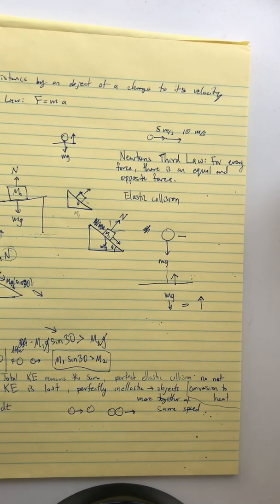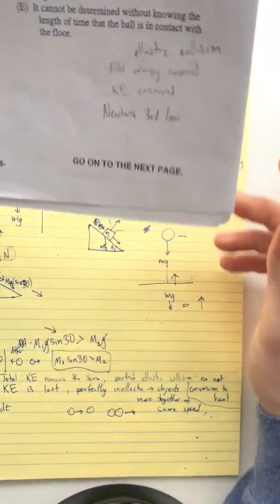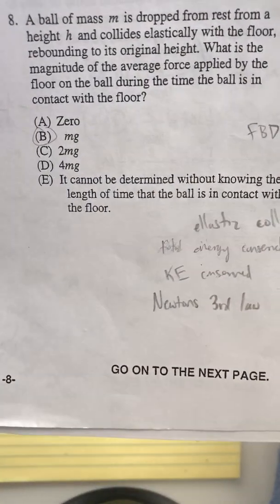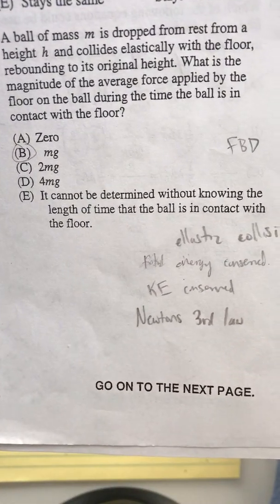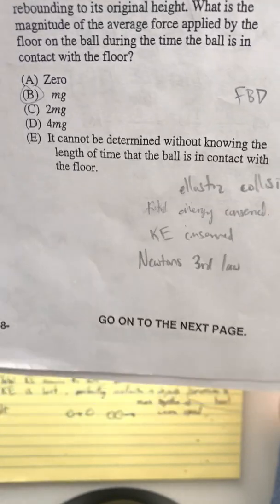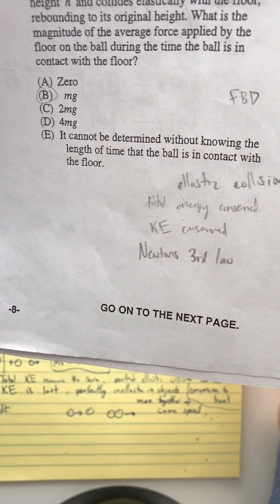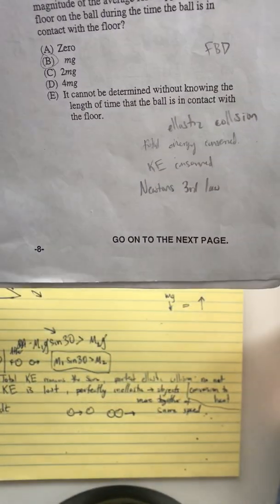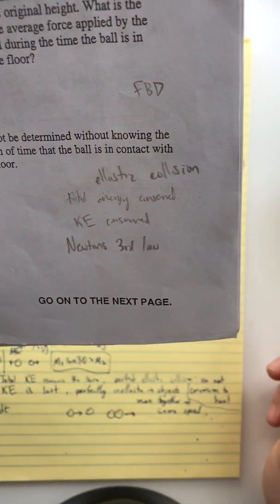So when we look through the answer key, they give us 0, mg, 2mg, 4mg, and it cannot be determined without knowing the length of time that the ball is in contact with the floor. So it is going to be mg because of the equal and opposite force.